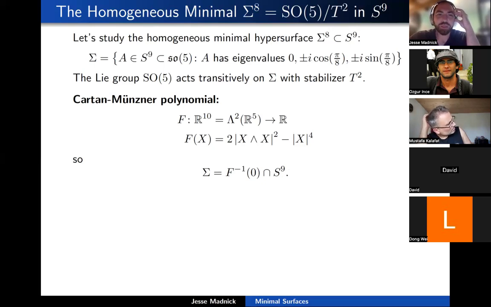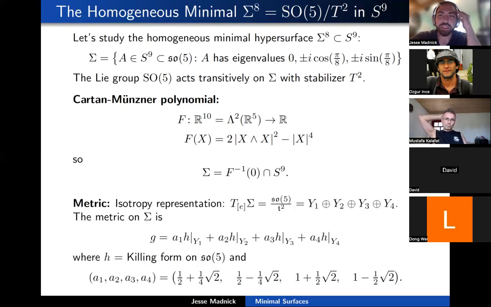So what you do is you think of R10 not as little so5, but as lambda 2 R5. You think of the elements of R10 as two-forms on R5, and you take the norm squared of x wedge x minus the norm of x to the 4, and that ends up being the Cartan-Münzner polynomial. It's a quartic, which is the correct degree, and sigma is the level set intersected with the 9-sphere.